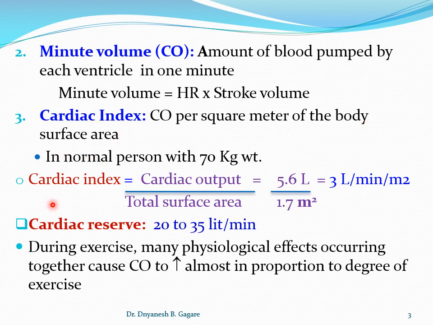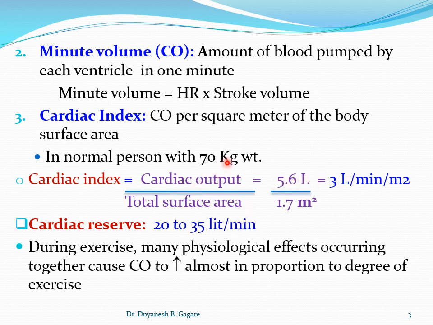Okay. Now, for example, in a normal person with 70 kg weight, how much is the cardiac index? Cardiac index is calculated as the cardiac output divided by total surface area. Suppose we take one example. Your cardiac output is about 5.6 liters, it is in between 5 to 6 liters.